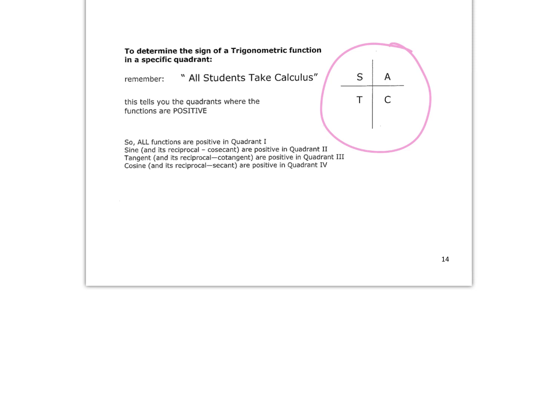I want you to include a little quadrants for each of the, I want you to think about where sine values are always positive, where cosine values are positive, and where tangent values are positive. So draw just a little coordinate plane and label a sine and a cosine and a tangent. And then I'm going to ask you to do some shading there.